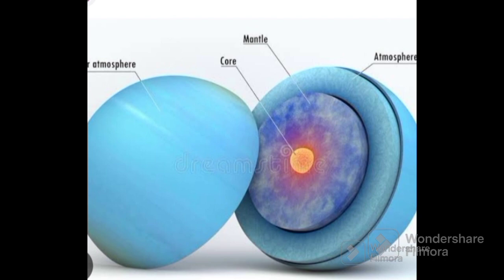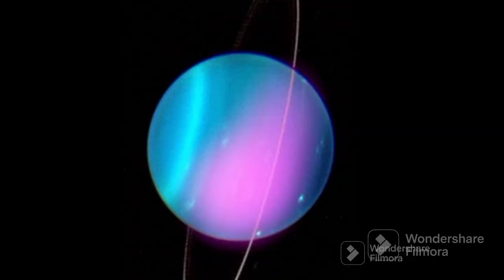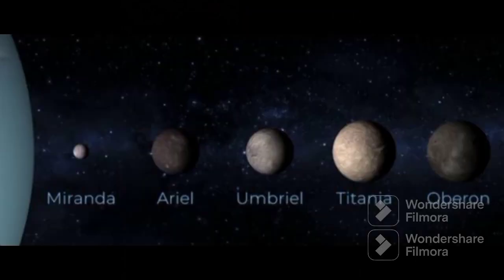It contains a gaseous crust, hot liquid mantle, and a core which contains silicate minerals. Uranus is special for its tilt of 97 degrees due to its collision with another planet in its past. Uranus has 27 moons. In those, Titania, Oberon, Umbriel, Ariel, and Miranda are the main moons.